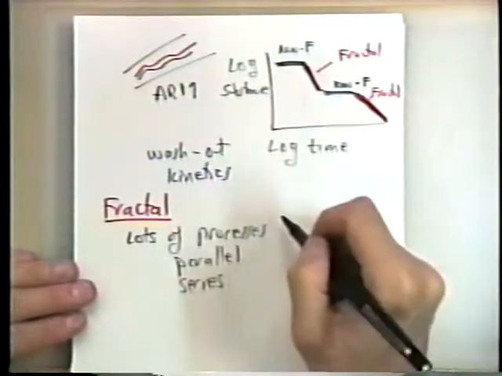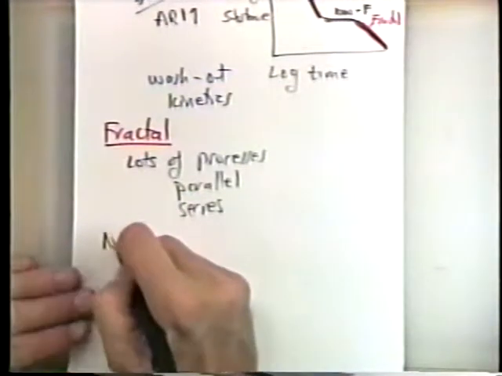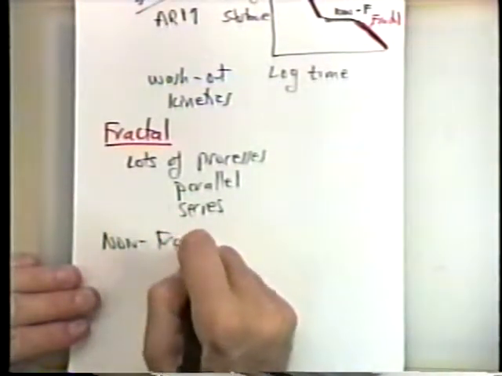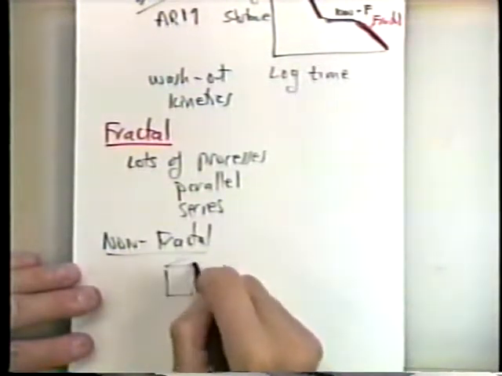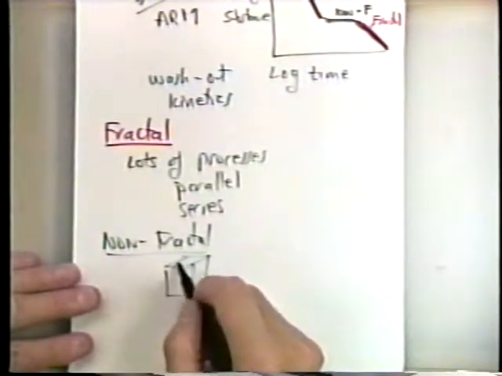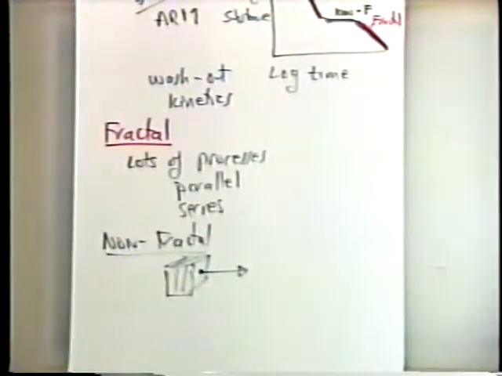So for example, maybe I can make this clearer by saying the opposite, which is a non-fractal process goes on when a compartment in the body consists of just a single volume, and the stuff in that volume just leaks out in time.